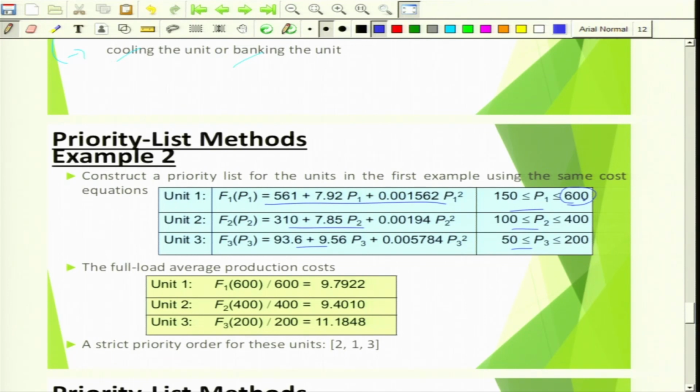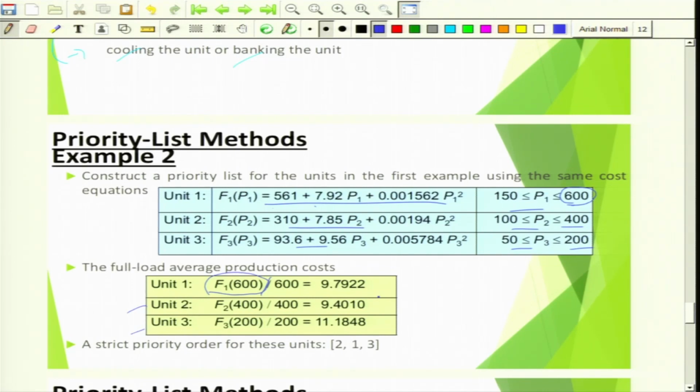That means you put P1 as 600 and you get some number as per this expression. Now you find the average cost, that means total cost divided by 600, and you do it for unit 2 and unit 3 based on their maximum capacities 400 and 200.